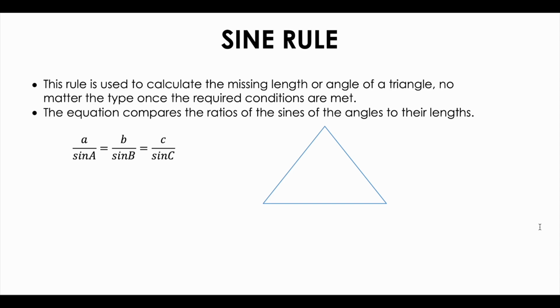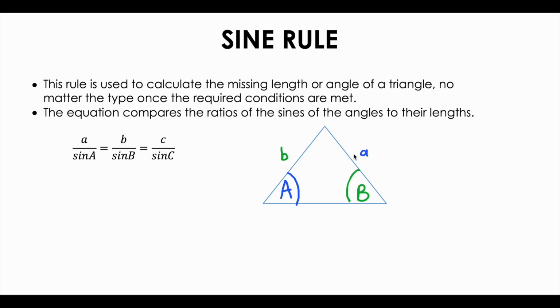Now this equation basically compares the ratios of the sines of the angles to their lengths, right? So as you can see here, we have a length divided by the sine of the opposite angle. So for instance, let's say we had an angle here called capital A. The opposite length would be here, which would be small a. So therefore we would say that a over sine A is equal to, say for instance we had B now, this is angle B and the opposite length is small b.